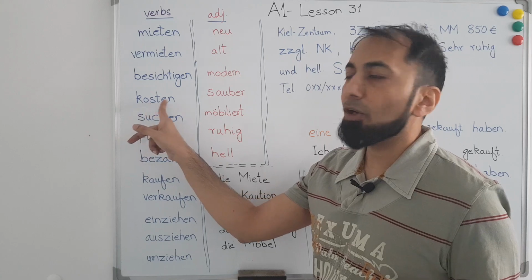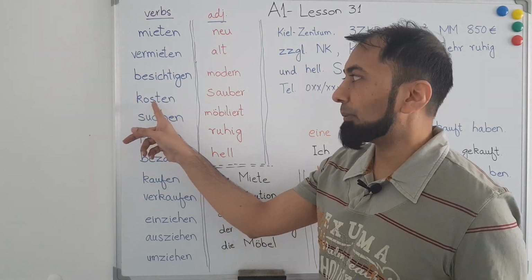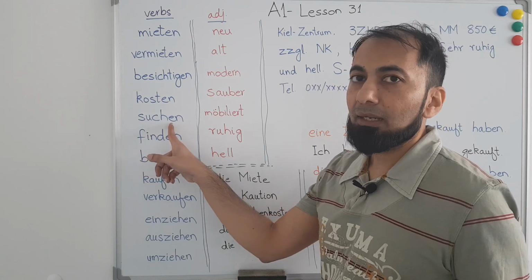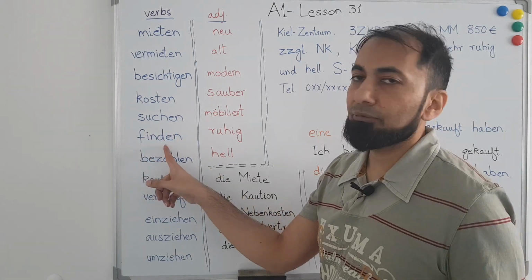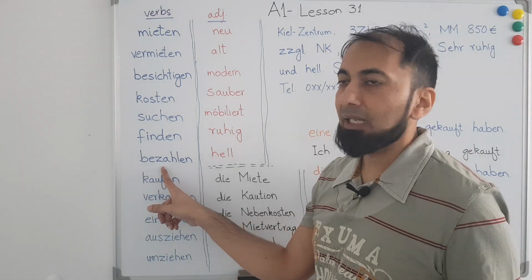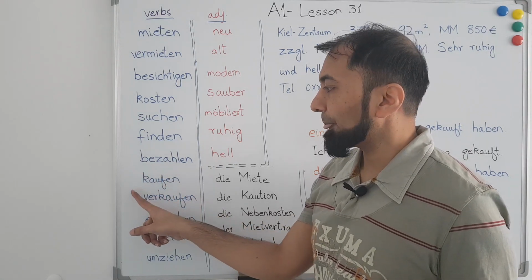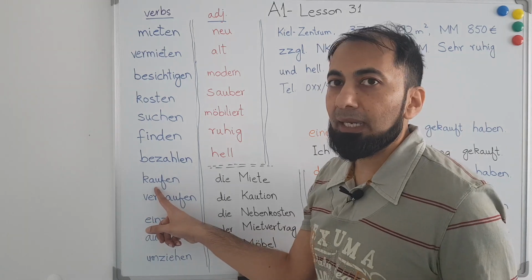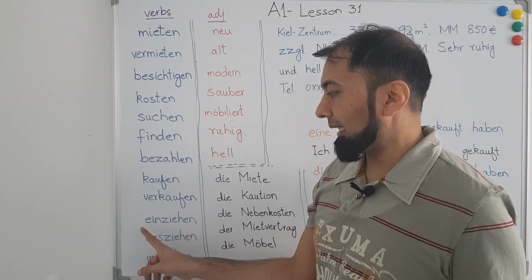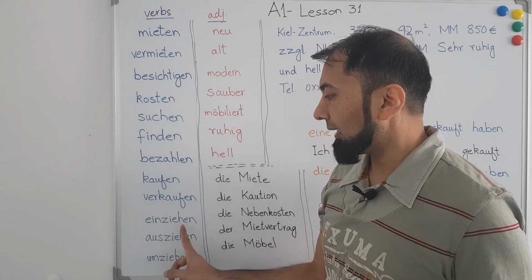Die Wohnung kostet, the apartment costs. Ich suche, I search. Ich finde, I find. Ich bezahle, I pay. Ich kaufe, I buy. Ich verkaufe, I sell. Ich ziehe ein.